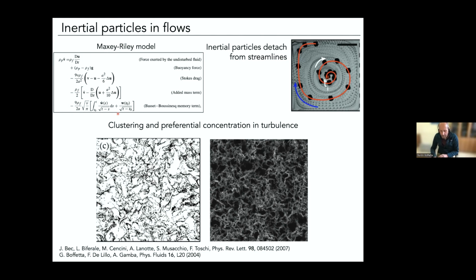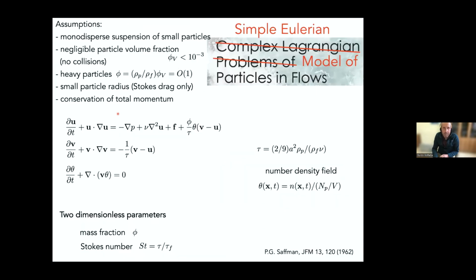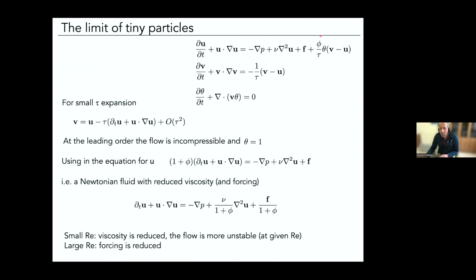For what concerns your question, if I understood correctly, I am assuming that the volume fraction remains small, but what is important here is the mass fraction. So if you have a sufficiently large ratio between particle density and fluid density, you can have a mass fraction of order 1 with a volume fraction which is small, in which you can neglect particle-particle interaction.